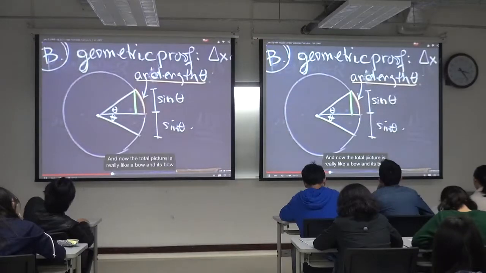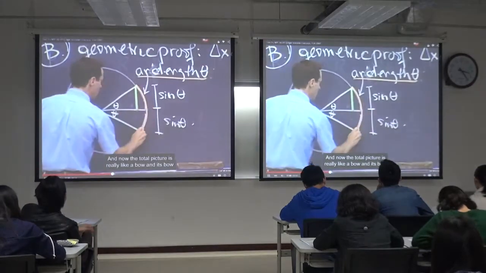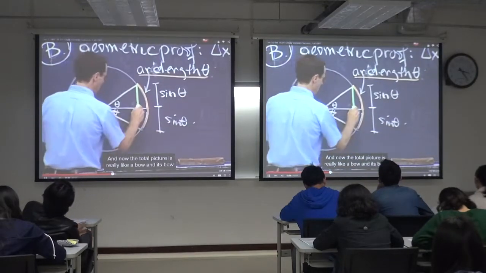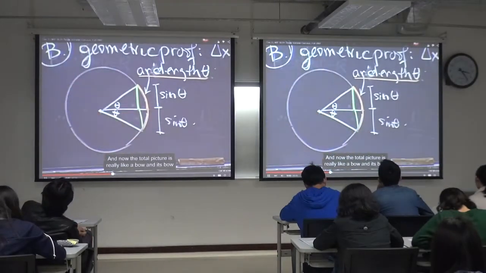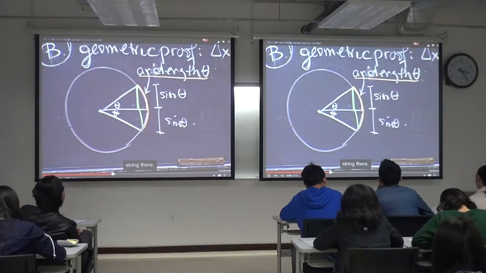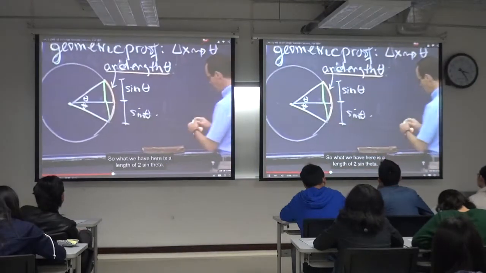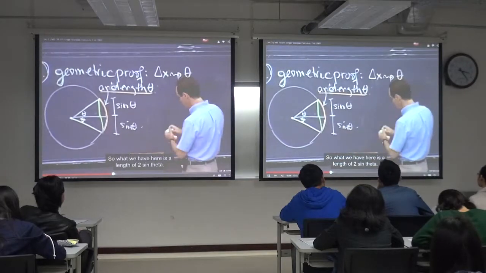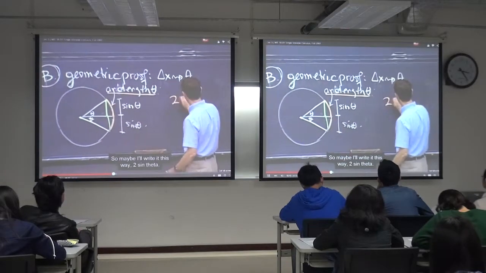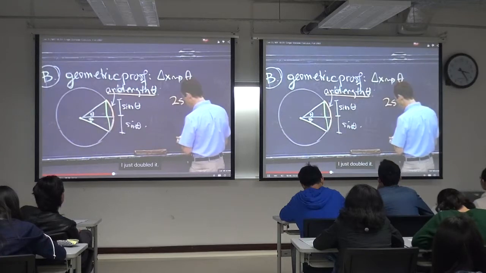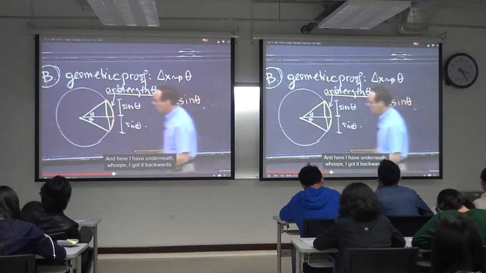And now the total picture is really like a bow and bowstring. So what we have here is a length of 2 sine theta, I just doubled it.